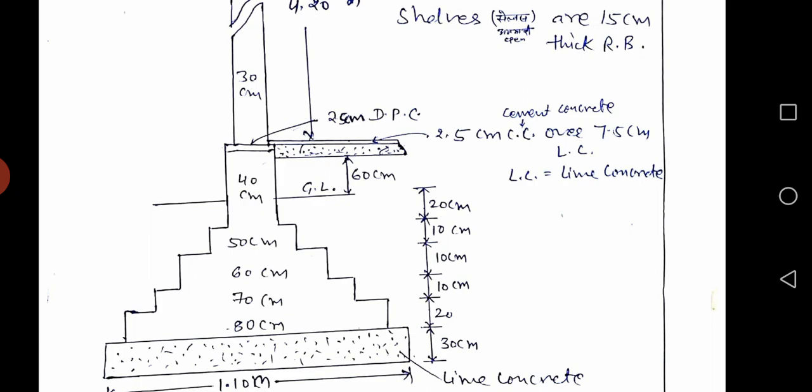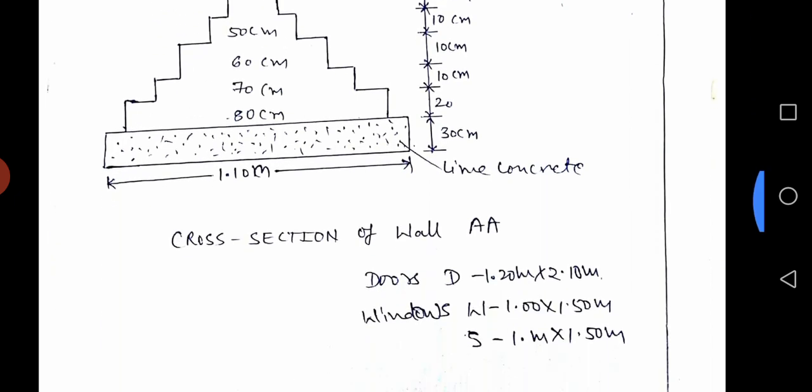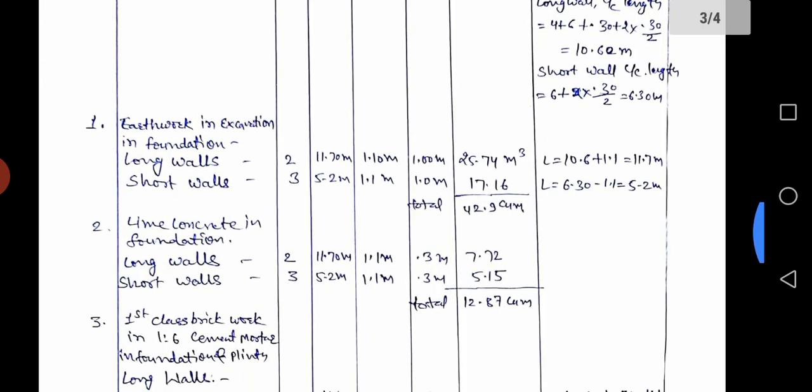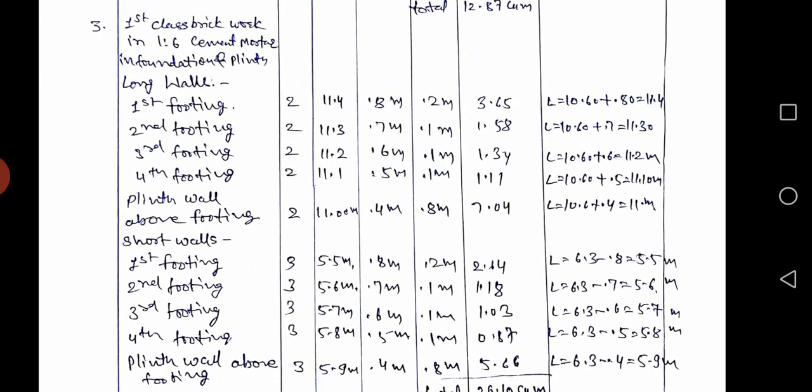So we add both side width, 2 into 0.8 divided by 2, that is 0.8. So we directly add 0.8, that is 11.4 meter length, 0.8 meter width, 0.2 meter height or depth given in the cross section. Then the total is 3.65 cubic meter.